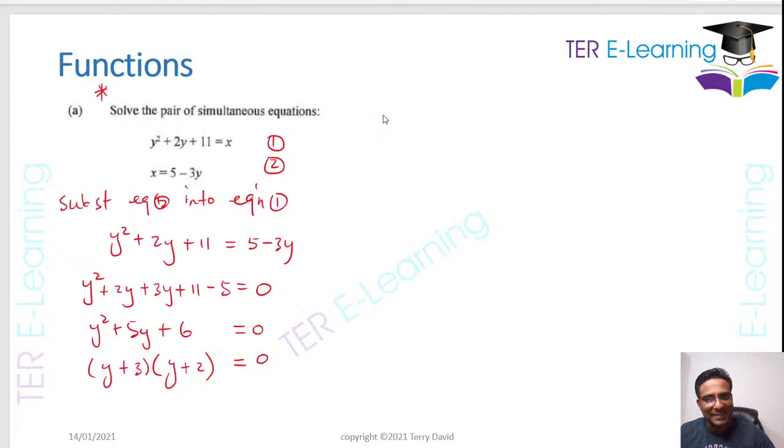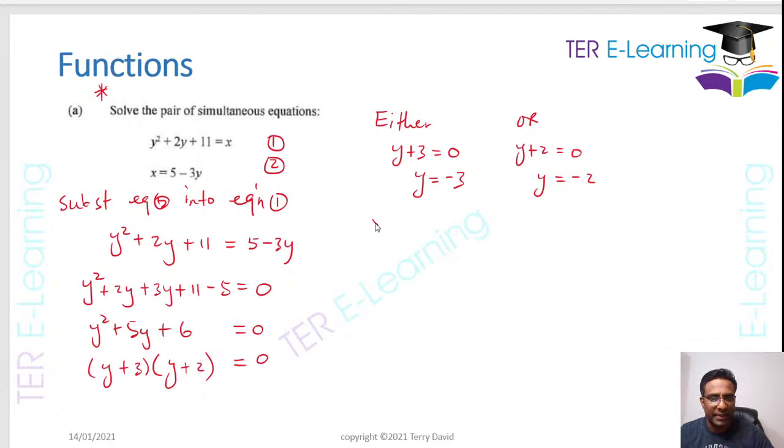Now remember, you're trying to solve a quadratic here, so you have two solutions. Either y plus 3 is equal to 0, so y is equal to minus 3, or y plus 2 is equal to 0, and therefore y is equal to minus 2. But we need to go and find the x values now.